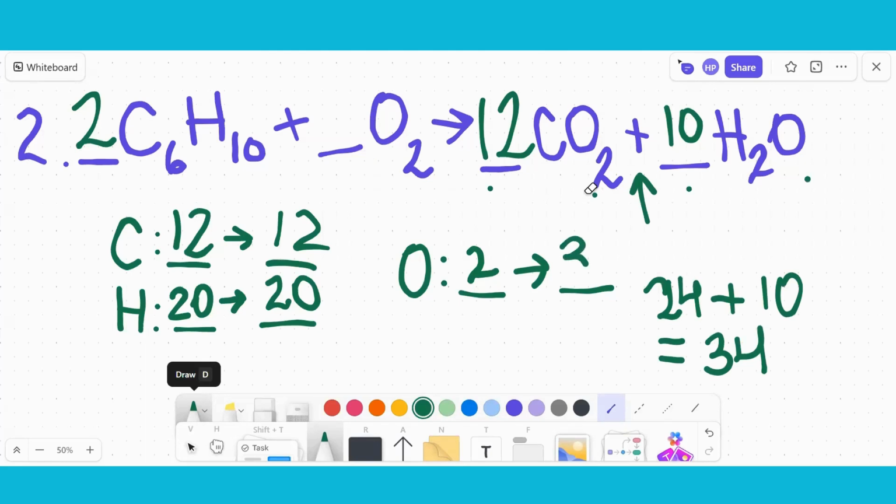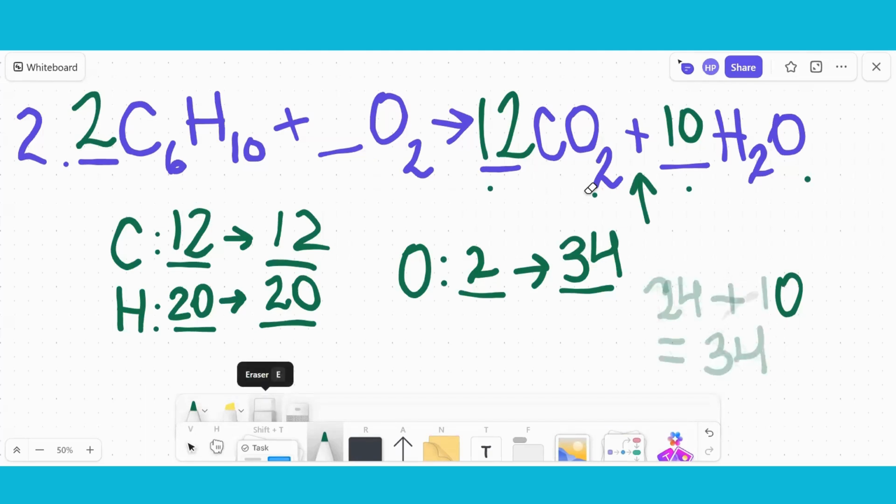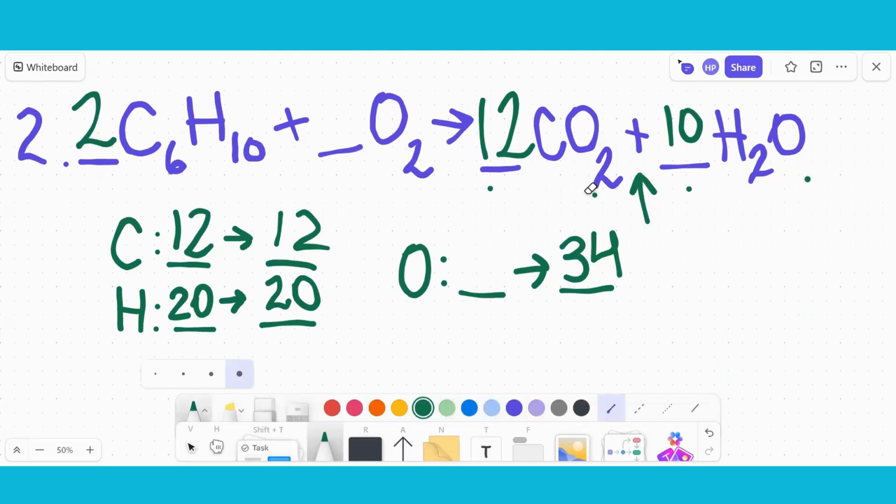So now we have an even number on the right, and this is good for us because we can finish this problem by figuring out what 34 divided by 2 is. The answer to that would be 17. And this finalizes our combustion balancing problem by making every element have the same amount of atoms on both sides of the arrow.